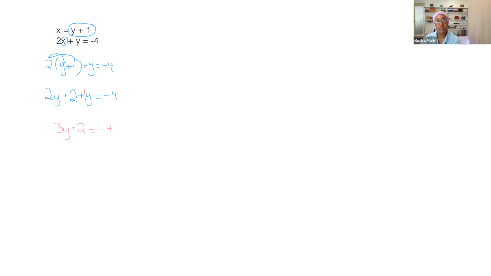When I get the numbers on one side and the letters on the other side, -2, -2, I end up with 3y equals -6. Divide both sides by 3. y equals -2.